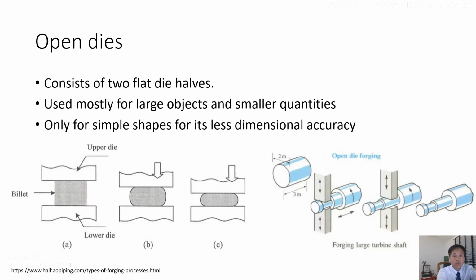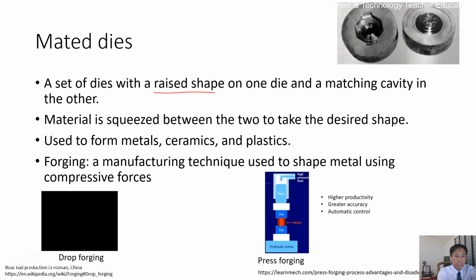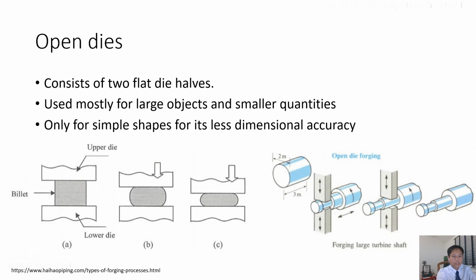Open dies consist of two flat die faces. This is an example of an open die, with a flat face or almost flat. It is used mostly for large objects and smaller quantities, and only for simple shapes, because it has less dimensional accuracy.